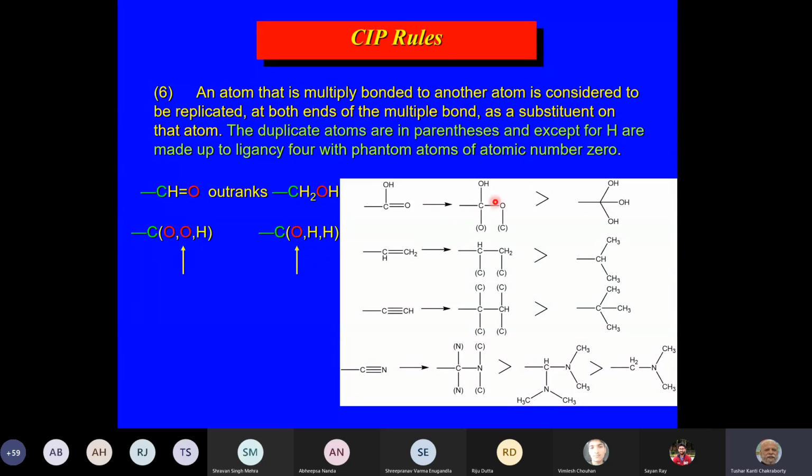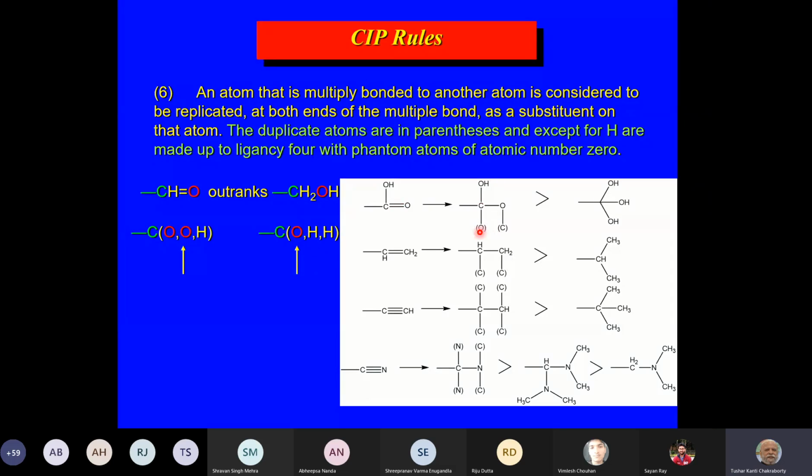I have written here some examples on the right hand side in the white colored portion. You get a carboxylic group, CO2H, and the way you have to write it, this carbon is attached to hydroxyl, this carbon is also attached to one oxygen. And since it has a multiple bond, I have also attached this carbon with another oxygen.